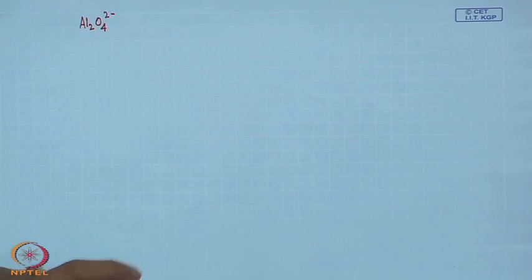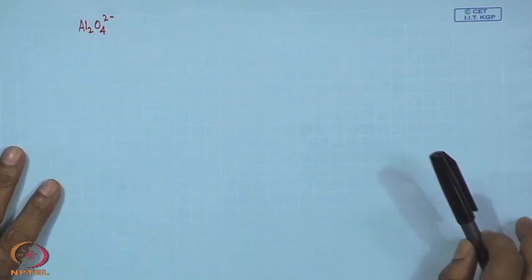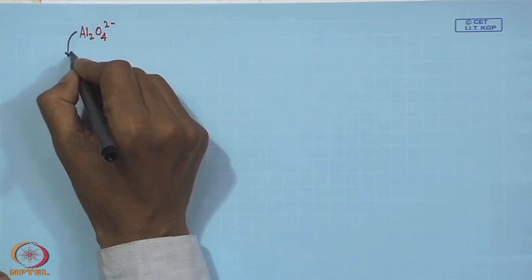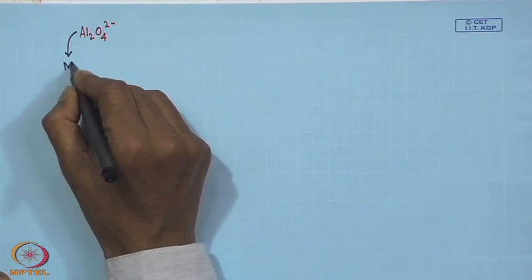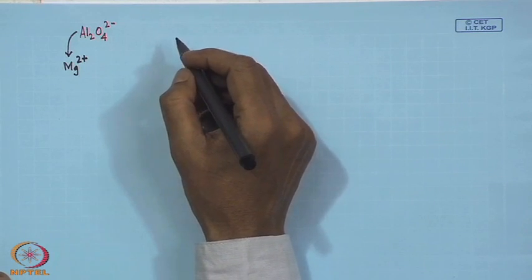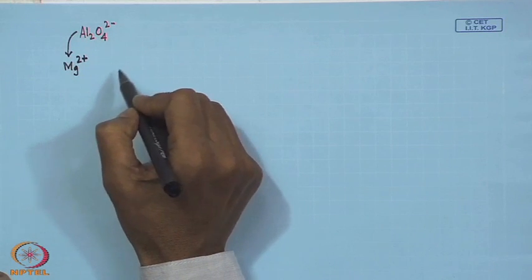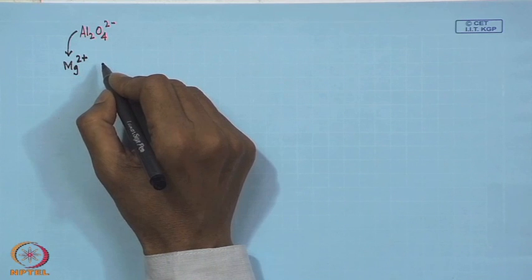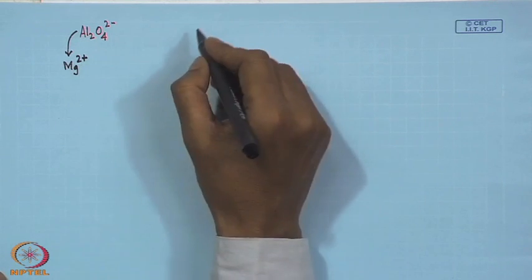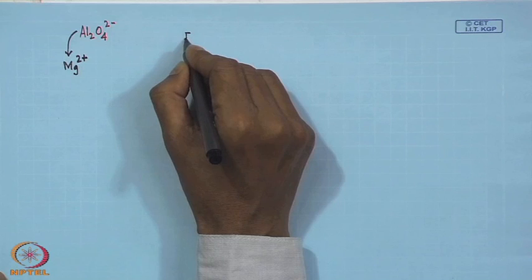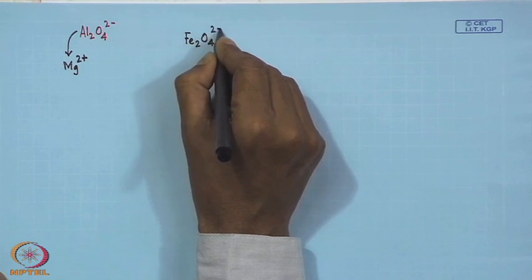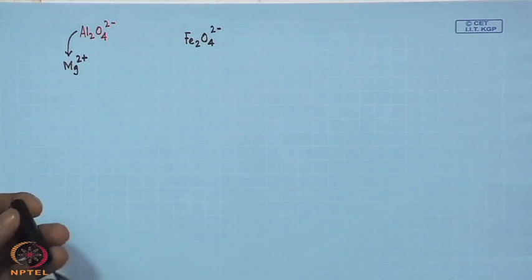The standard spinel is Al2O4 2 minus, attaching with the magnesium ion, and this basically gives us the simple spinel from which we derive the name of the spinel structure. We can have the similar thing based on iron, where the arrangement is Fe2O4 2 minus.